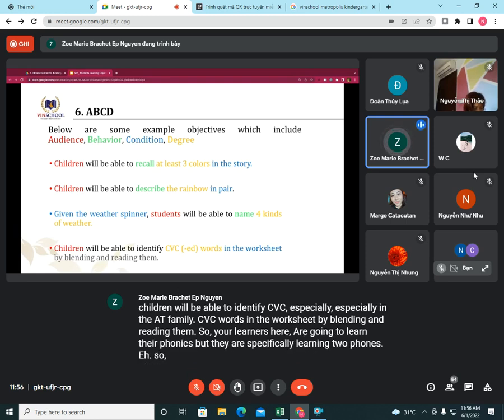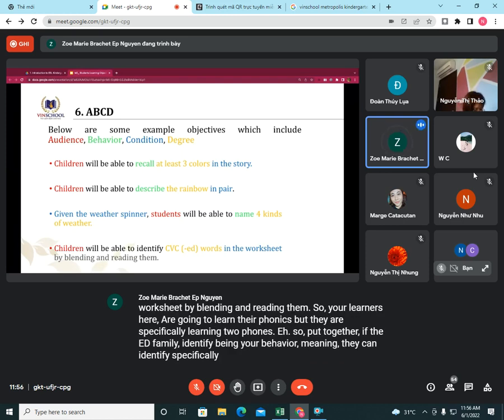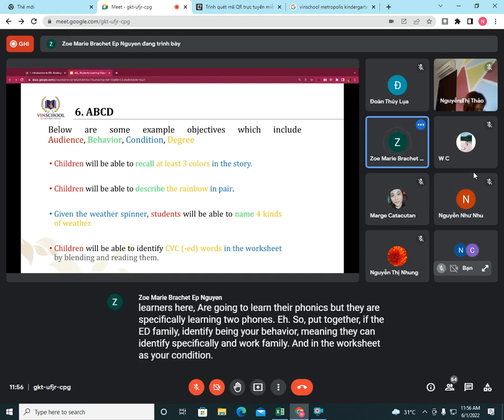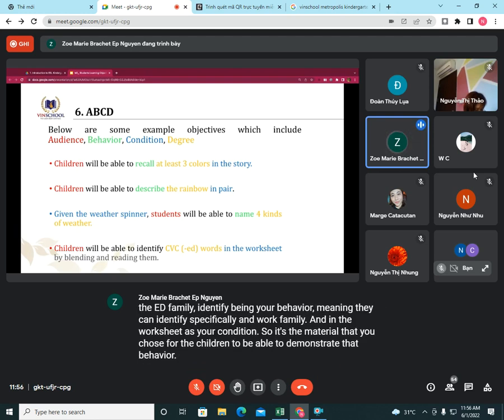So put together, it's the ed family. Identify being your behavior, meaning they can identify specifically ed's word family, and the worksheet is your condition. So it's the material that you chose for the children to be able to demonstrate that behavior. Okay?